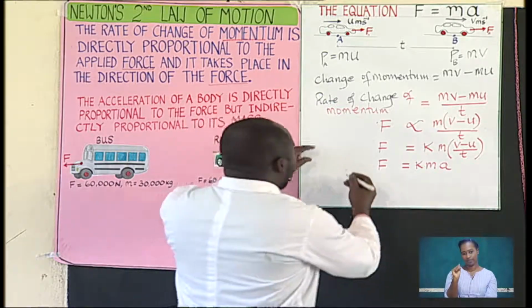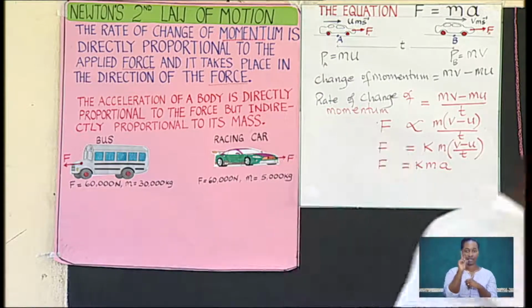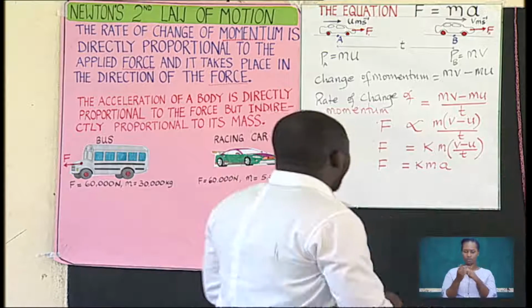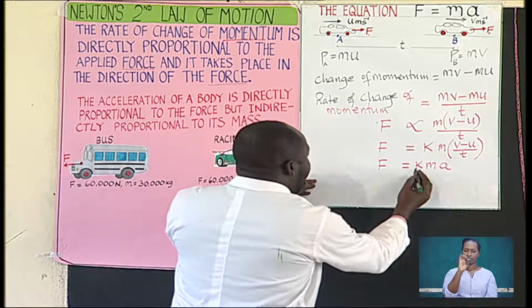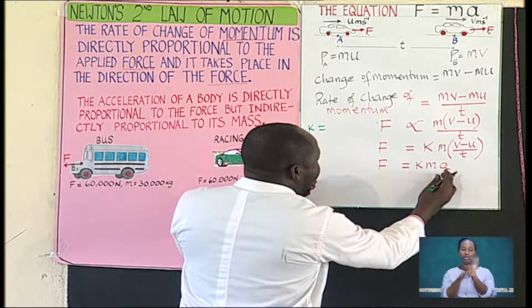Good. So, if we make K the subject, I hope you remember it, K will be equal to, I divide this side by MA.